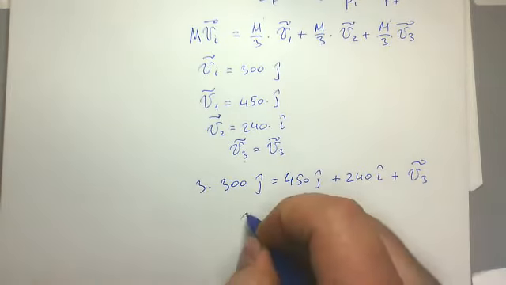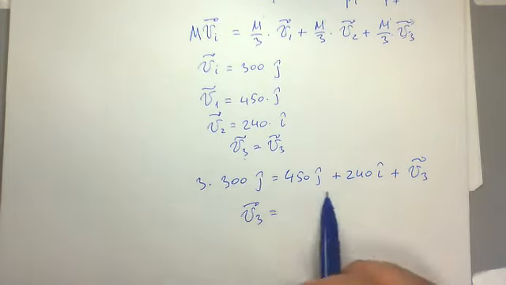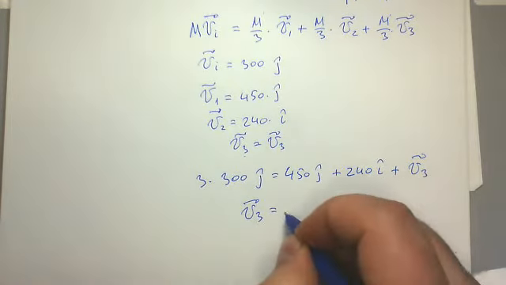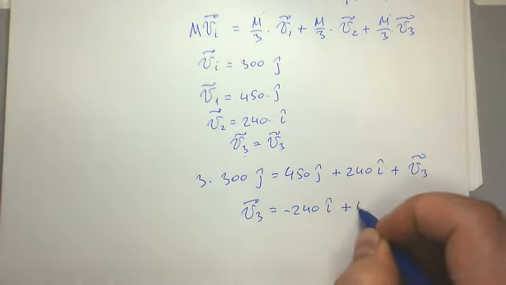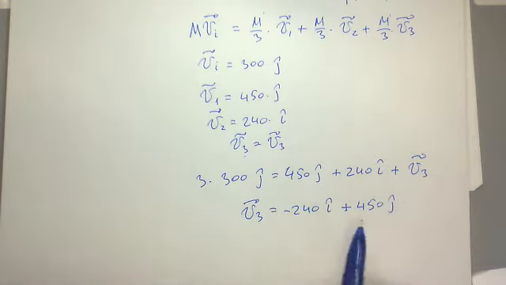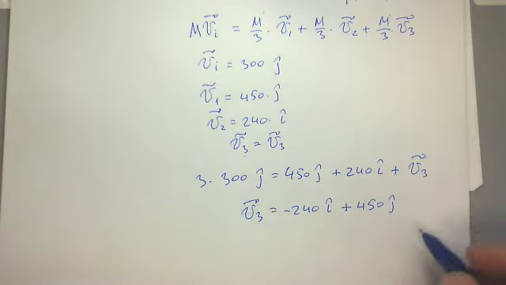So now it's simple: v3 vector equals minus 240 i hat plus 450 j hat. Agree? Meters per second.